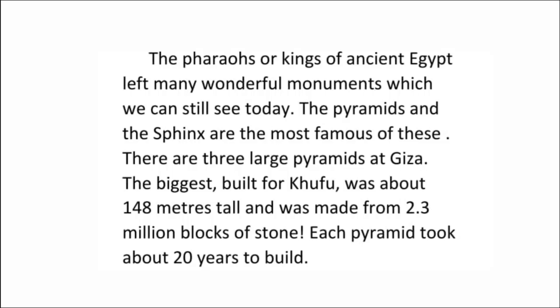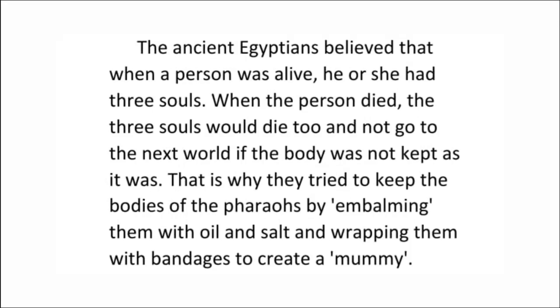There are 3 large pyramids at Giza. The biggest, built for Khufu, was about 148 meters tall and was made from 2.3 million blocks of stone. Each pyramid took about 20 years to build.